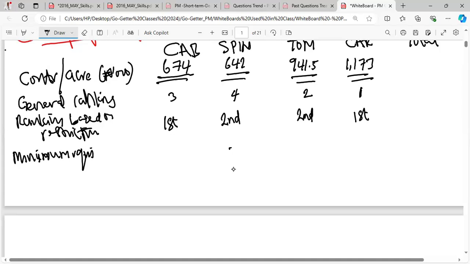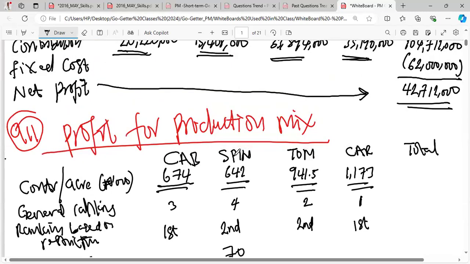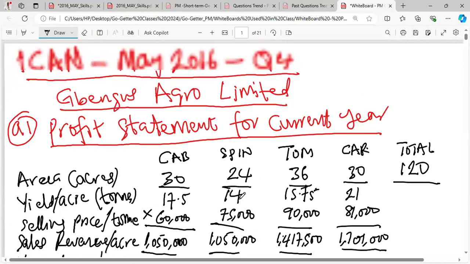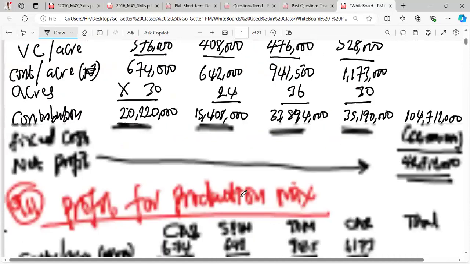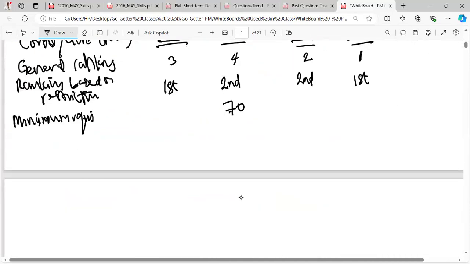Now, if you are going to do 70 tons, how many acres will you need? So this is 70. Remember, you have 14 yields per acre. So you are going to divide 70 by 14, and that will give you the number of acres you will need.